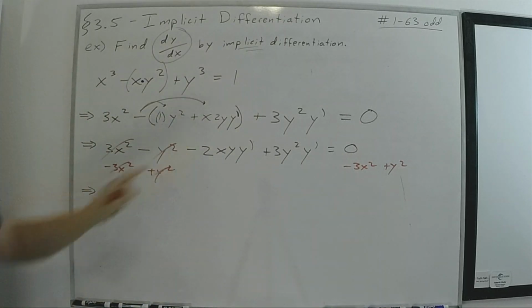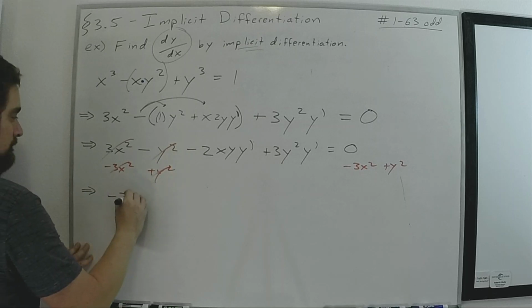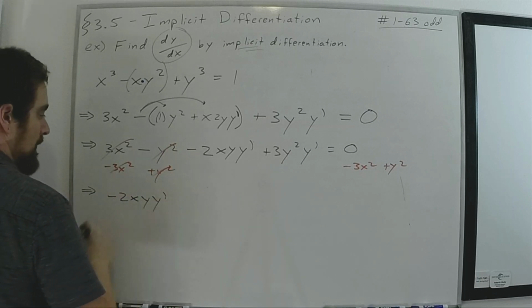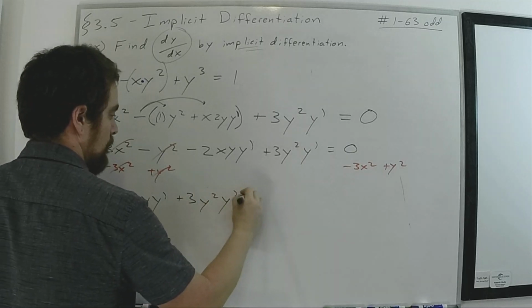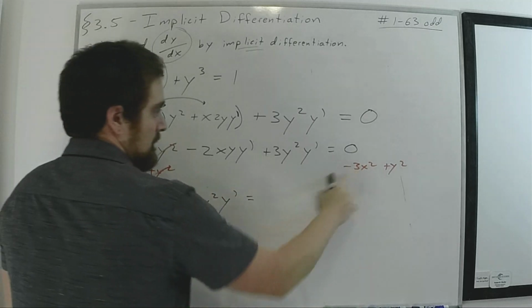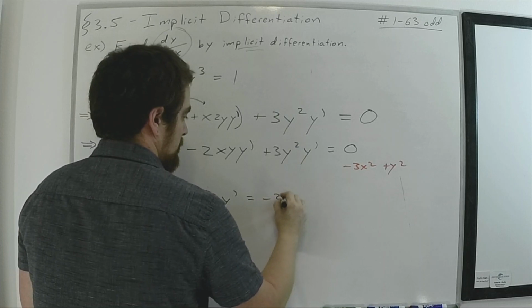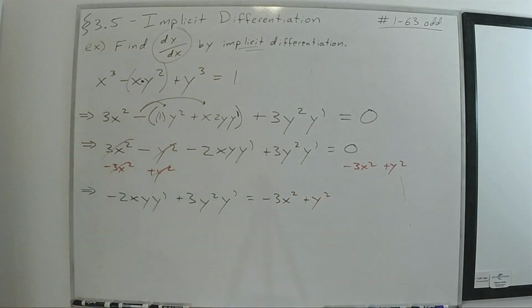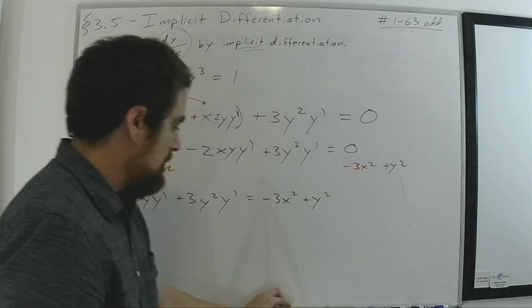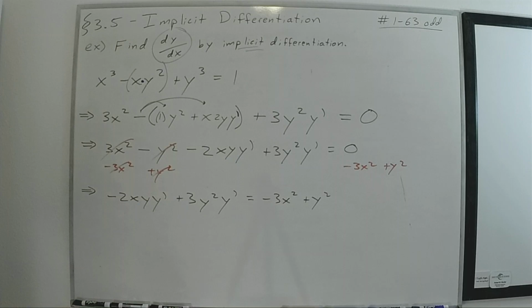This means we have negative 2xy y prime plus 3y squared y prime is equal to negative 3x squared plus y squared. Doesn't matter which order you write them in over there. Just make sure you keep the negative with the negative and the positive with the positive, etc.